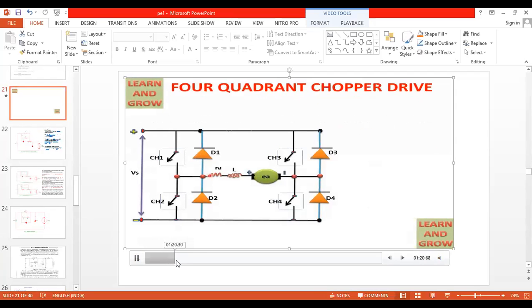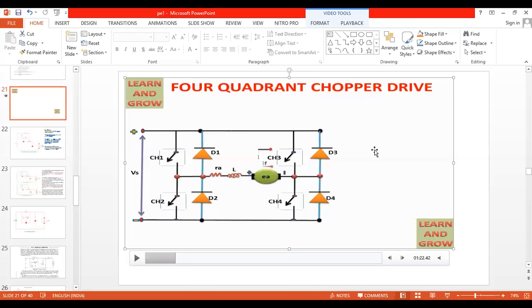Four quadrant chopper: what is the main advantage? What does 4 quadrant mean? Making a machine act as a motor and as a generator, making the motor rotate in forward and backward direction, and making the generator operate in forward as well as backward direction is simply 4 quadrant.